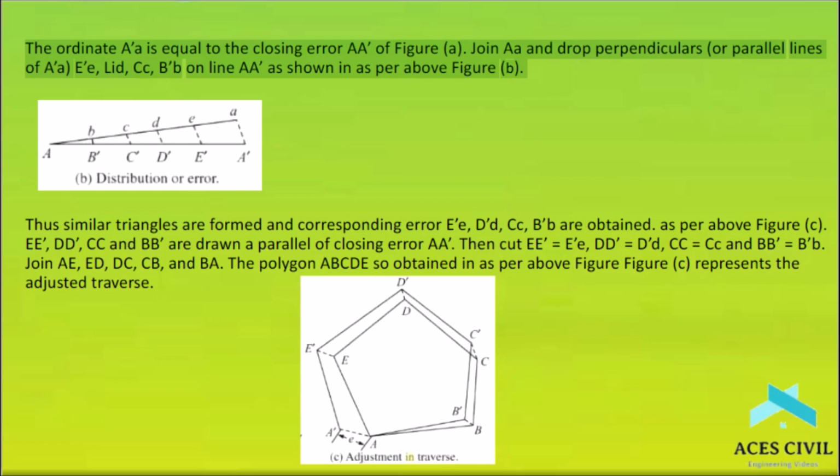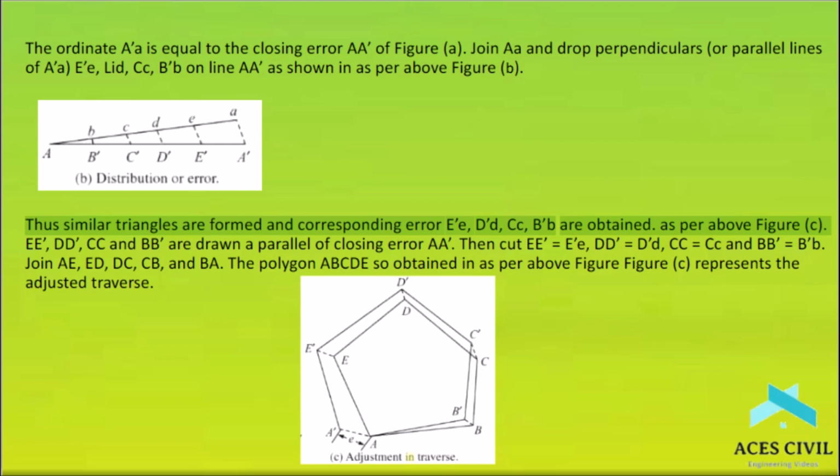The ordinate AA' is equal to the closing error AA' of figure A. Join AA' and drop perpendiculars, or parallel lines of AA', EE', DD', CC', BB' on line AA' as shown in as per above figure B.